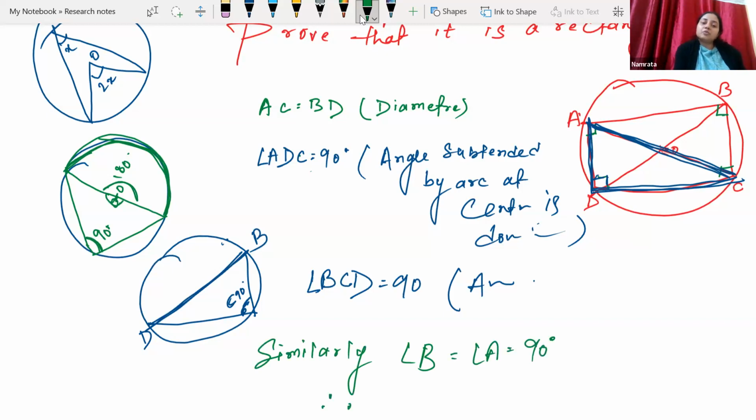That means we have proved that angles A, B, C, D are all 90 degrees, but we have to show that it's a rectangle. So one more thing we need to prove, that opposite sides are of the same length: AB equals CD, AD equals BC. That's what we have to show. Any idea what can be done for that?